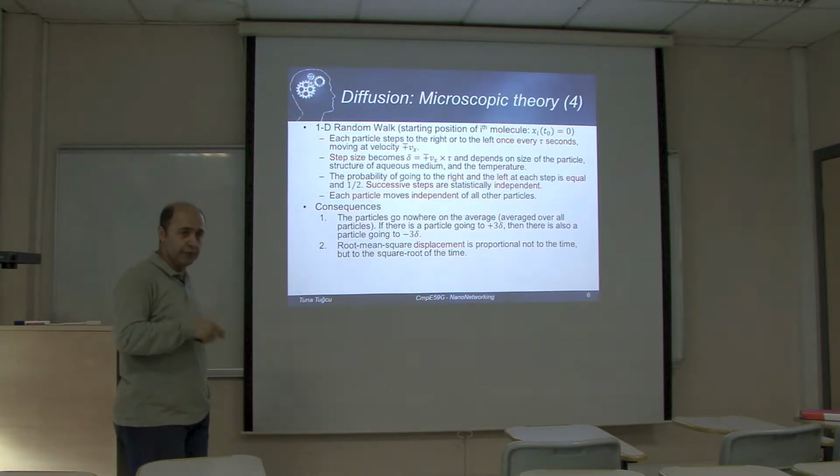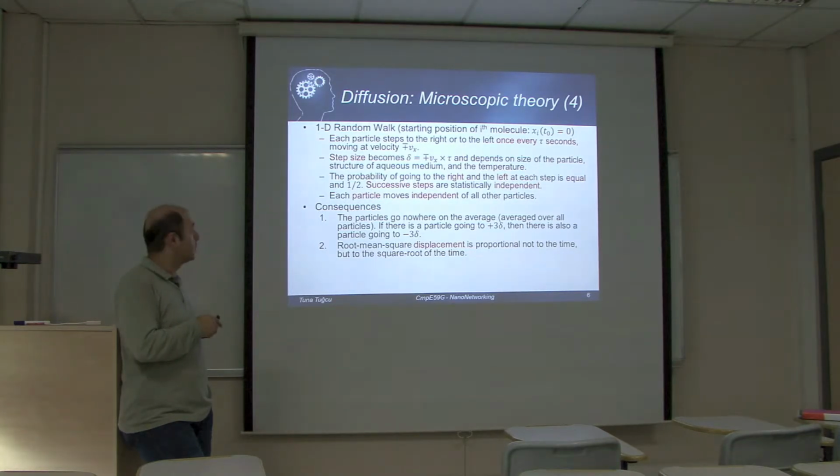For the sake of simplicity, we continue with the 1D case. If you consider the one-dimensional random walk, there are many molecules, but we're focused on the ith molecule. At time t0, initially, the ith molecule is at position 0, at the origin. Each particle steps to the right or the left.